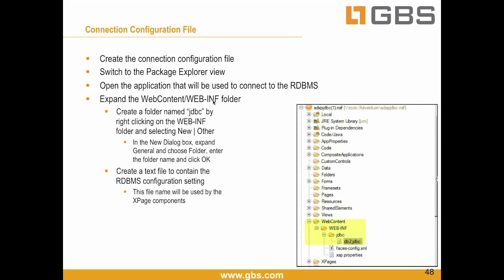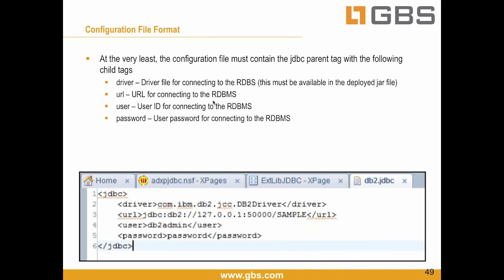It doesn't really matter what you name that particular document. It's just a text file, but you want to keep it short and sweet and descriptive of what you're connecting to. In this particular case, I'm calling mine DB2 JDBC, and there's the base information that we need there. At the very least, you need the driver, the URL, and then the username and password that's being used to access the backend relational database.